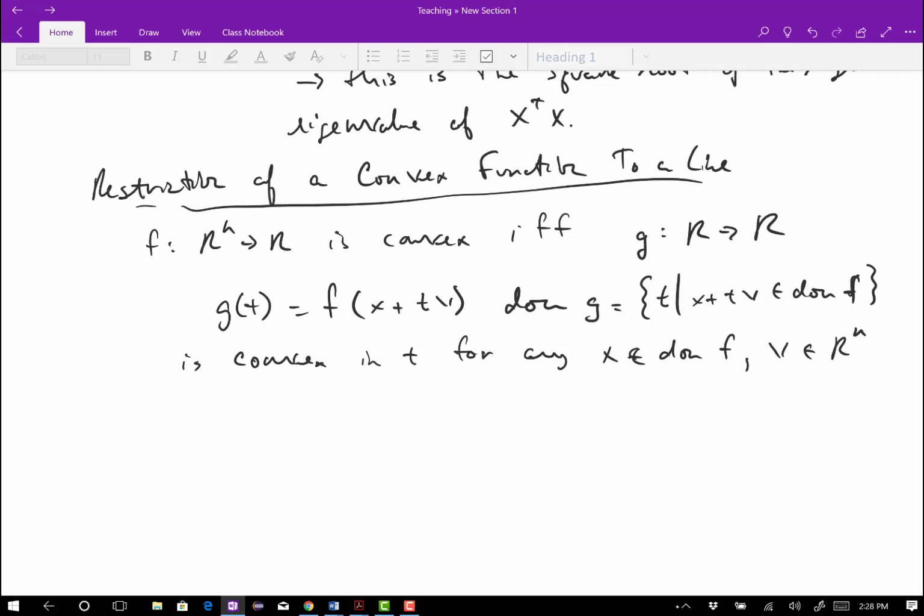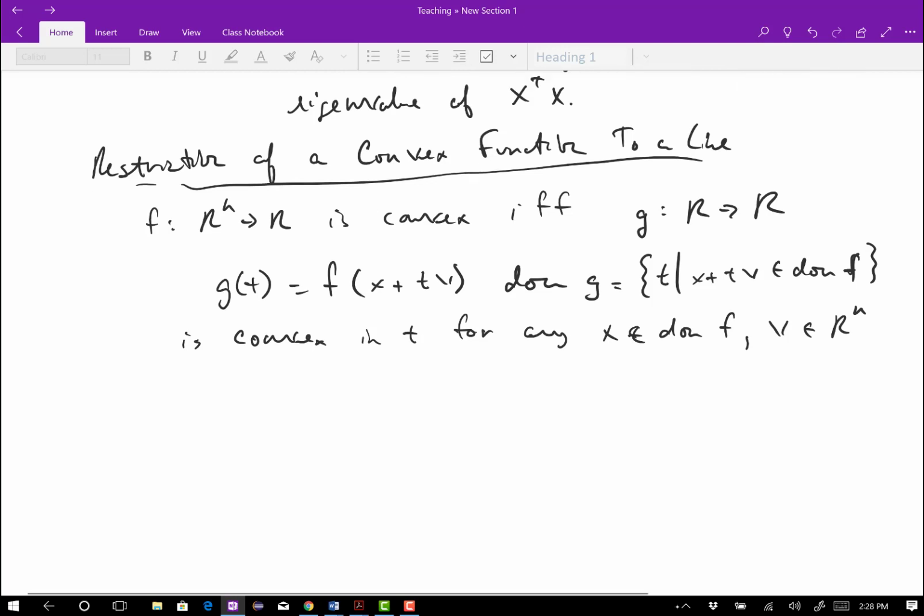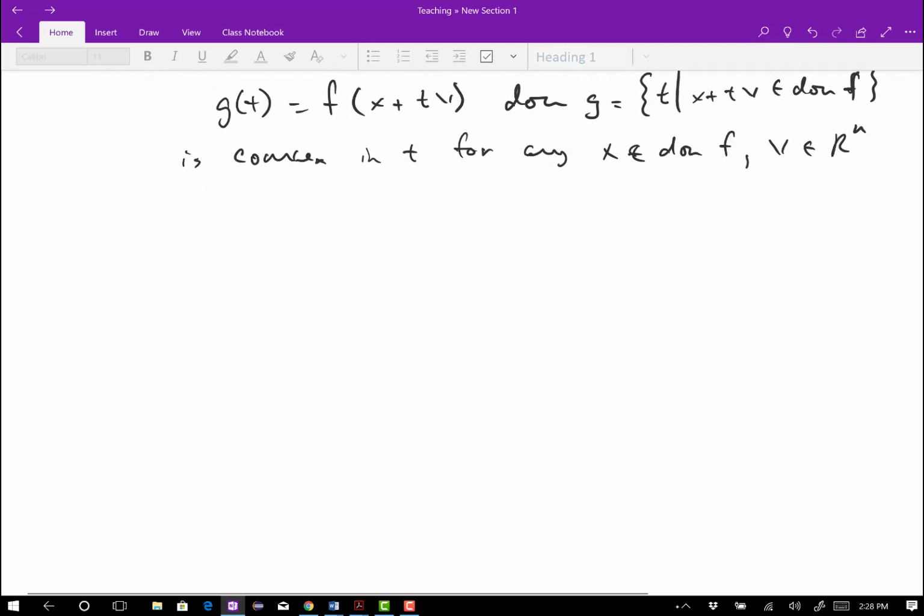So we can look at an example of this using the log determinant function.